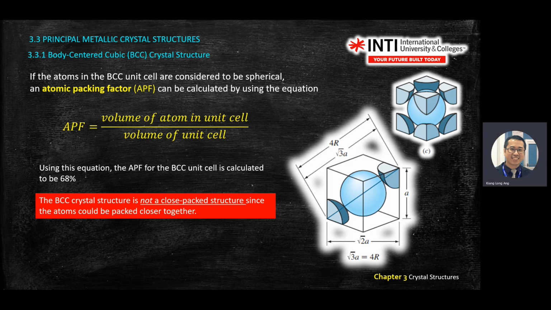Then 4 multiplied by 3. Okay, you do the calculation. At the end, you get 0.66.